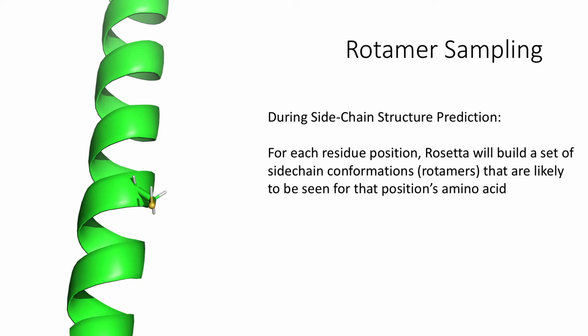What I'm showing here on the left is an example of a cysteine sidechain being sampled, and this is looping, but there's really only 6 different conformations we're looping between. And when Rosetta samples what the conformation of that sidechain will be, it just builds this set of rotamers, meaning that we use rotamers to just mean alternative sidechain conformations.